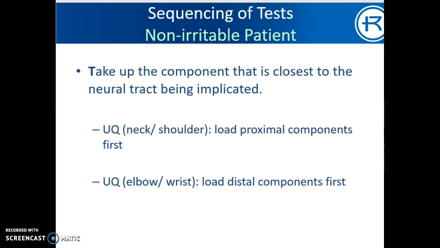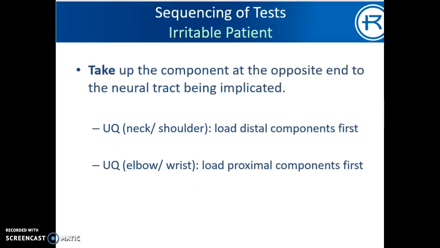For somebody who is non-irritable, you can take up the component that is closest to the neural tract being implicated. So for the upper quarter patients, you would load the proximal components first, like the shoulder. For the elbow and wrist, if that's your primary area of pain, then you would load the distal components first. Okay.